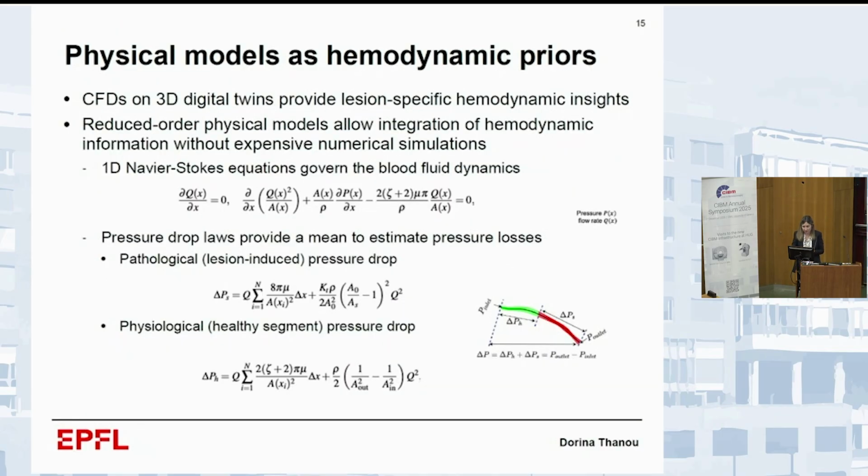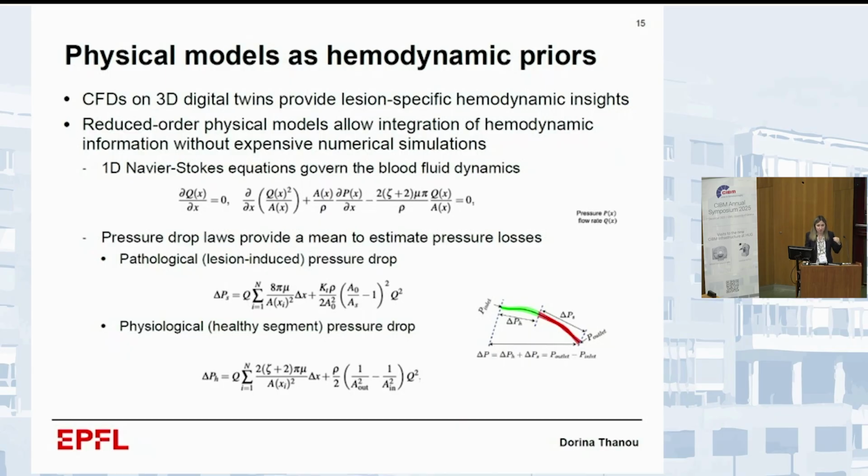Of course, CFD simulations are quite complex. They take a lot of time. One way that we're proposing to overcome the limitation of having to explicitly compute these hemodynamic simulations is to use our prior knowledge from physics. So we know that blood fluid dynamics can be modeled with the Navier-Stokes equation.